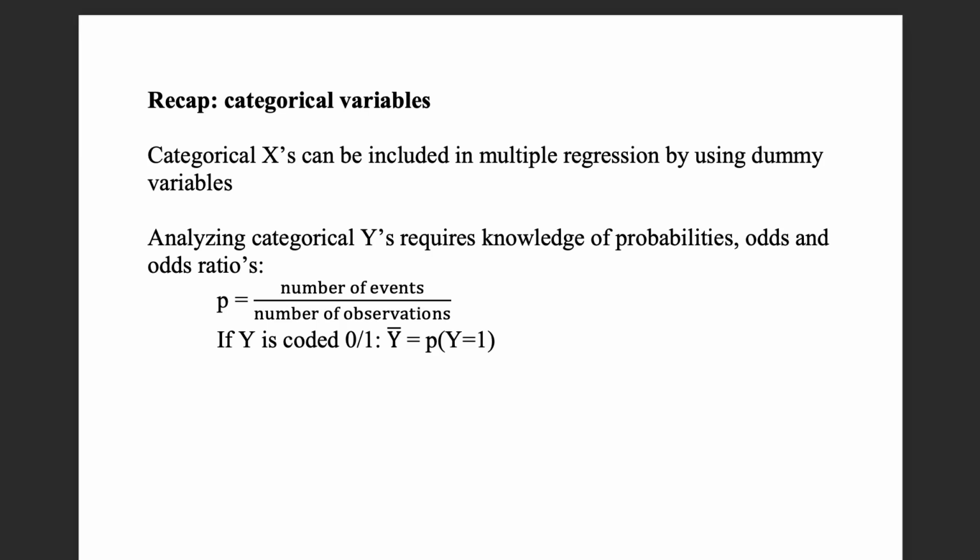So we already saw that this is the case as long as we use 0,1 dummy coding for the variable. Taking the mean is the same thing as calculating the proportion of observations in which the event took place, and that's identical to the probability that the event happened in our set of observations, and that's something that's going to come in useful later.